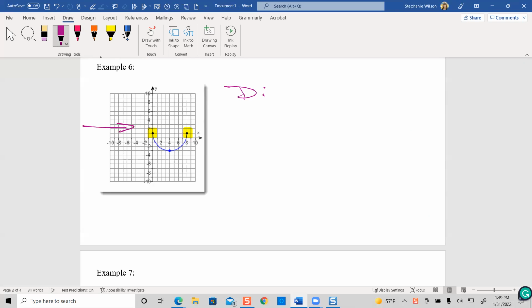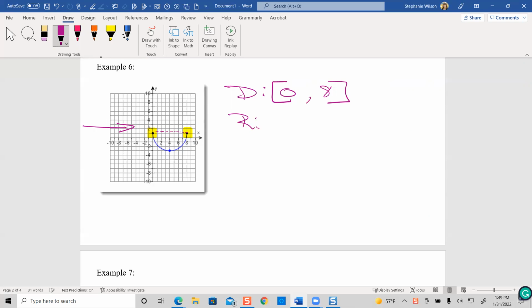We notice it's on the y-axis, so I know that x is 0 right here. Since it's a closed circle, it's equal to, and then it's going to keep going. Then it's another closed circle, and for x, it's 8, and it's a bracket. So this tells me that my domain is between 0 and 8, and it includes those points.